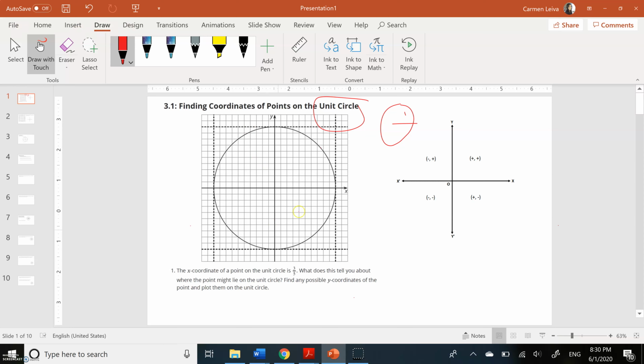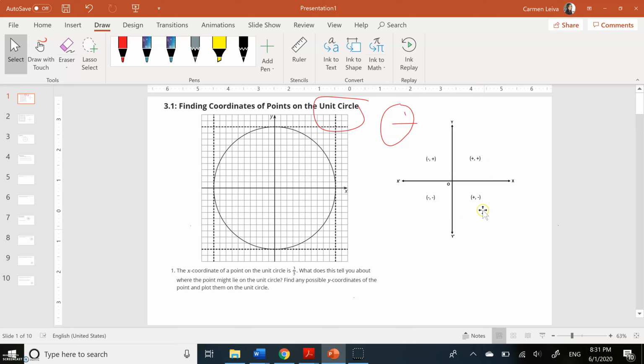First of all, we need to remind ourselves what the signs of each quadrant are. In my first quadrant, I have positive and positive, here negative and positive, negative and negative, and positive and negative. So that means that if I want to have a point that has a positive x, if you look up here, I only have 2 options.